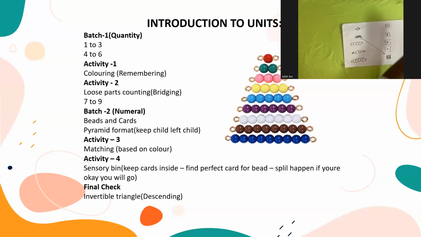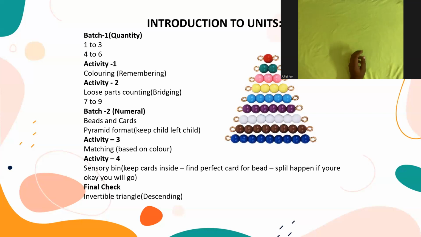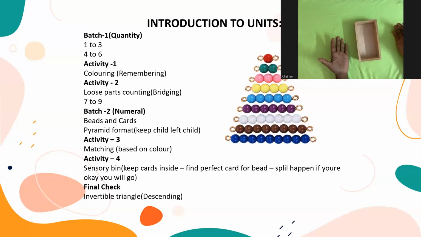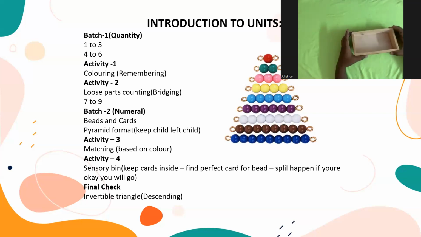Then we may use the sensory bin. For a sensory bin, we can take any kind of larger plate, or a larger plate or plastic tray with some depth, but this one I have taken right now is very small.